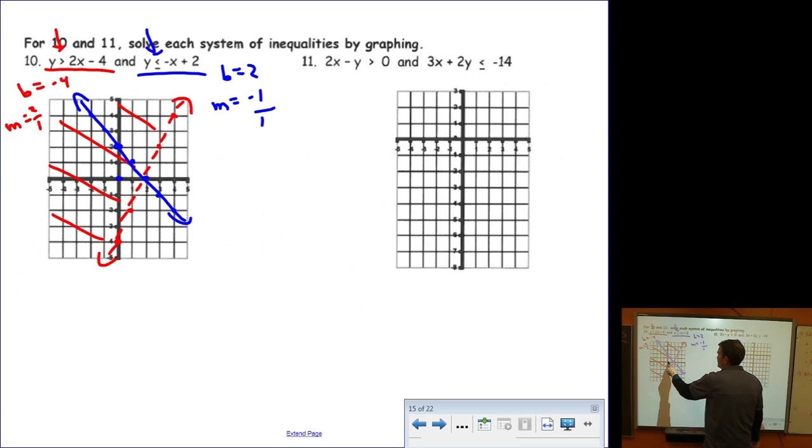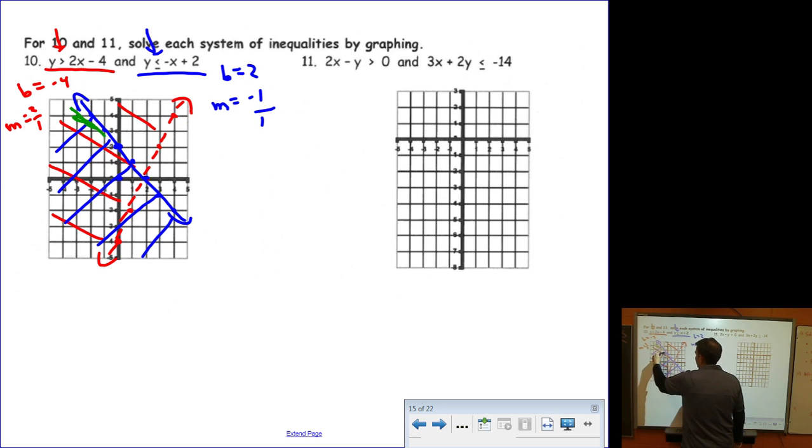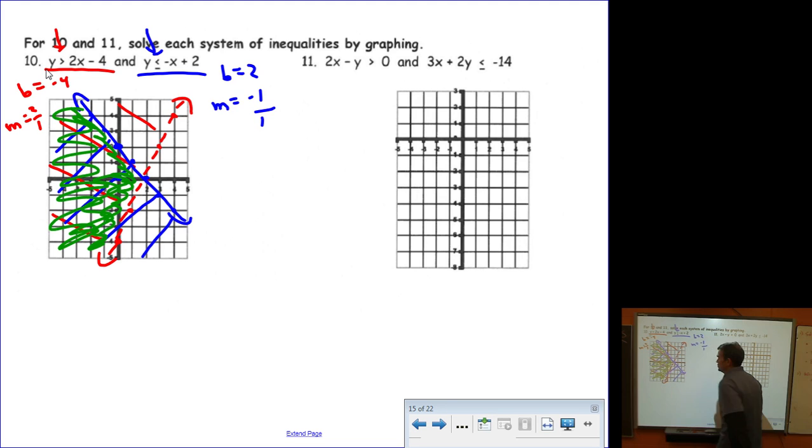And if I put in 0, 0, 0 is less than or equal to 2. That's true, so I'm going to shade the side 0, 0 is on. And you can see that this area in here, to the left of the red and under the blue, is my double shaded area, right?